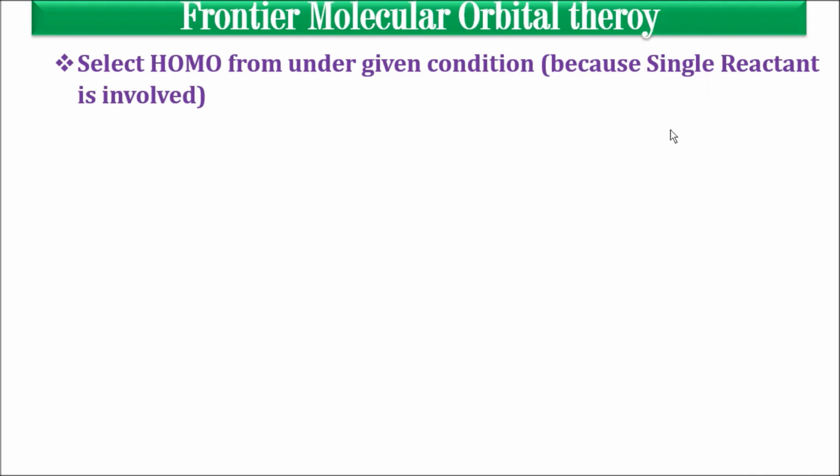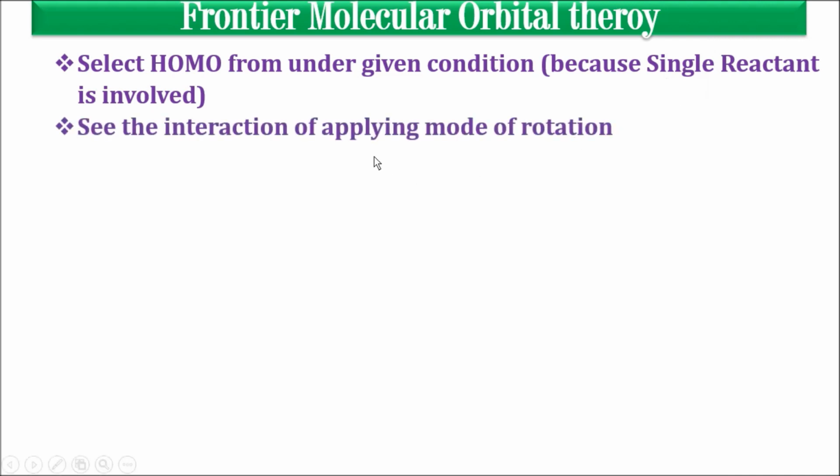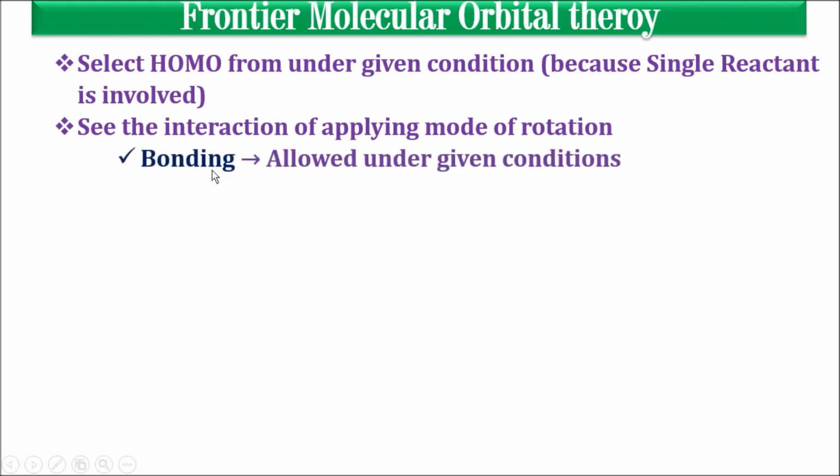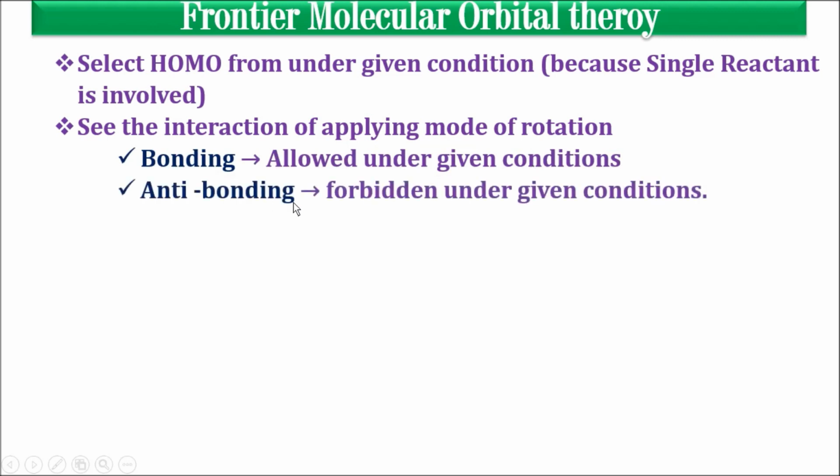Then see the interaction after applying the mode of rotation, either conrotation or disrotation. If you get a bonding interaction, that is allowed under the given condition. If you get an anti-bonding interaction, that is forbidden. So the applied mode of rotation is allowed or forbidden.